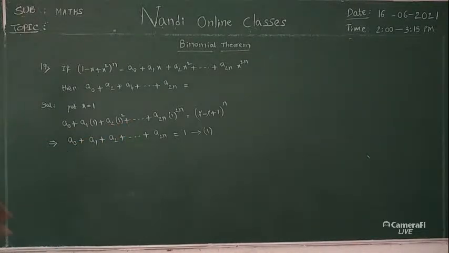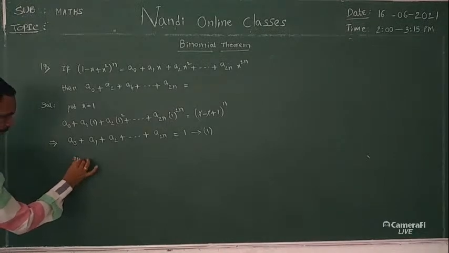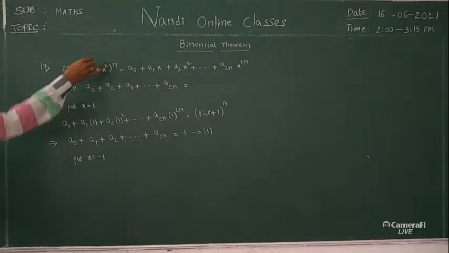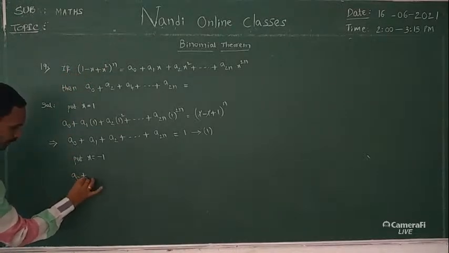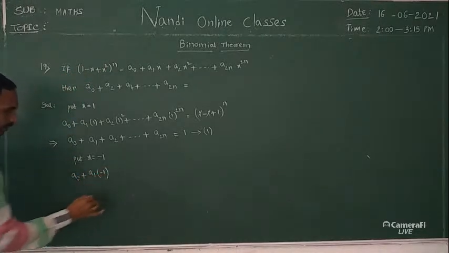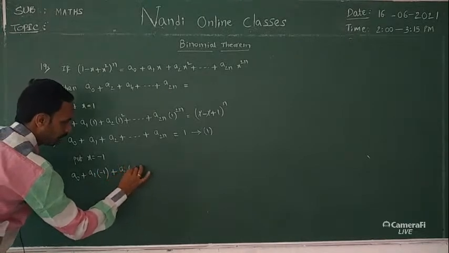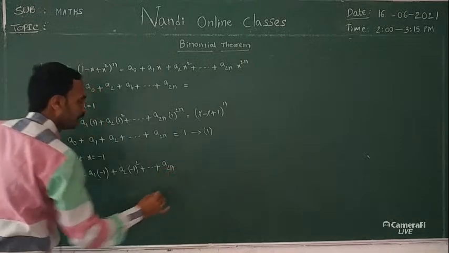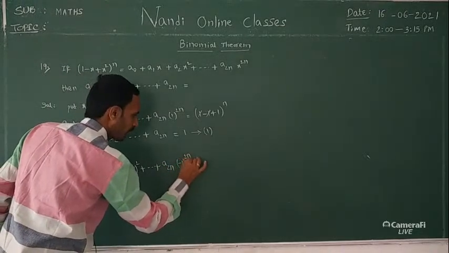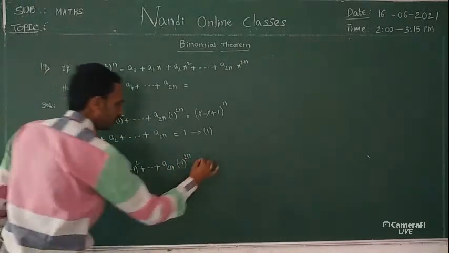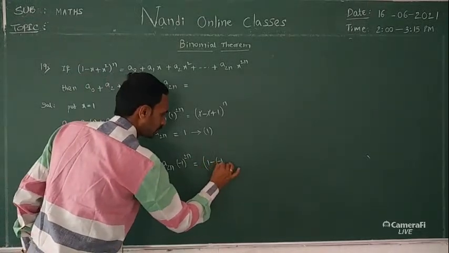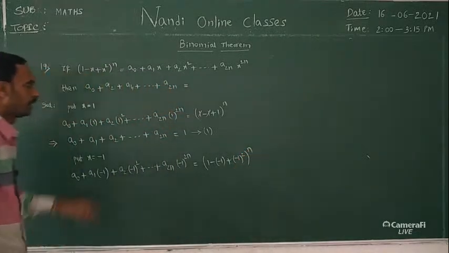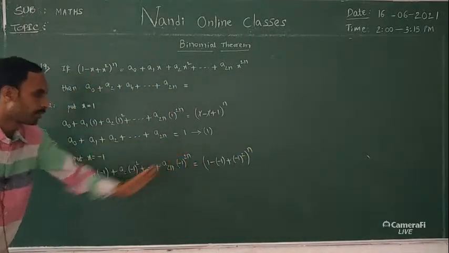Put x is equal to minus 1. So, put x equal to minus 1, in the question only. A naught plus a1 into minus 1 plus a2 into minus 1 whole square and so on a2n into minus 1 whole power 2n is equal to (1 minus x, x means minus 1, plus minus 1 whole square) whole power n, x replaced by minus 1.